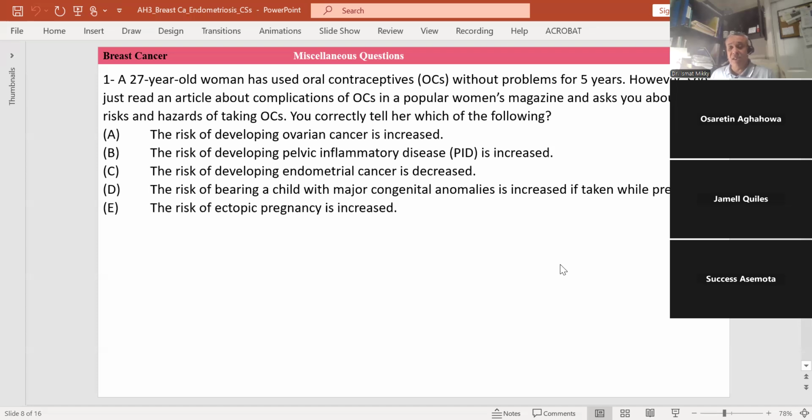In well-controlled studies, there is no increase in the risk of having a child with a major malformation, cardiac malformation, or limb abnormality. That's what they found from evidence-based practice. The risk of ectopic pregnancy is also reduced by 90%, perhaps because the risk of any pregnancy approaches zero when the oral contraceptive is taken correctly according to the prescription.